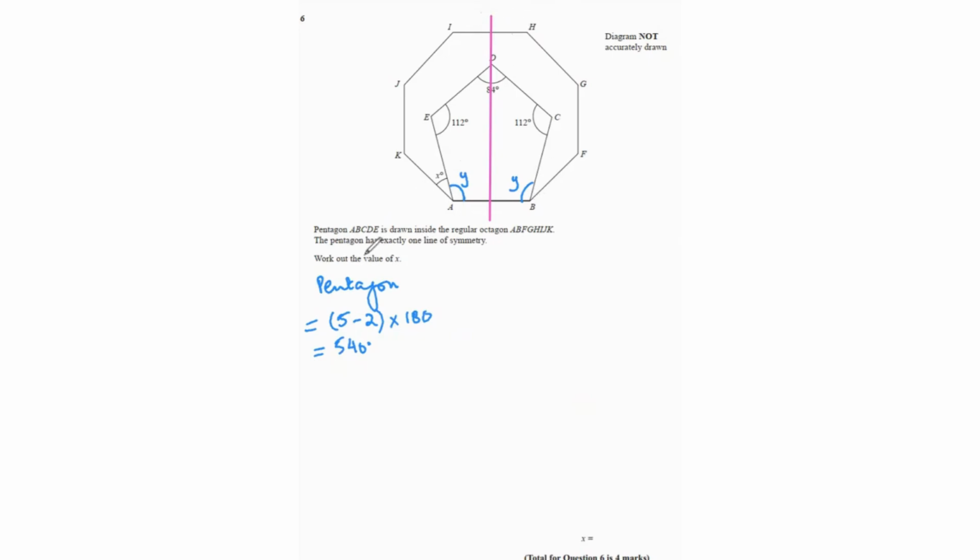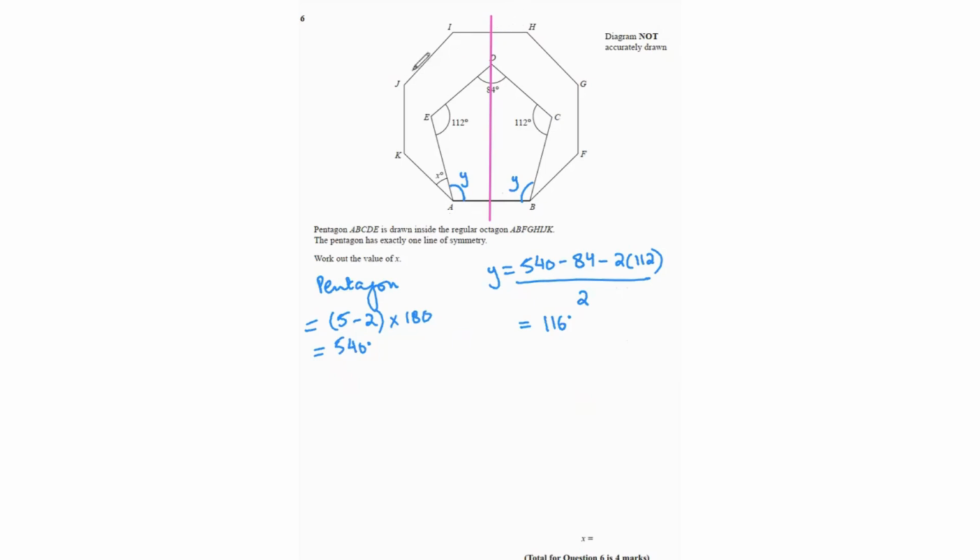Why? Because the pentagon has one line of symmetry and that clearly passes through D because angle E and C are equal. So y is going to be 540 minus 84 minus twice of 112 and divide the entire thing by 2. That's 160.